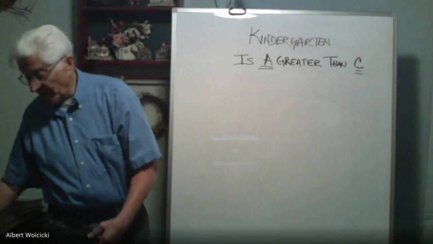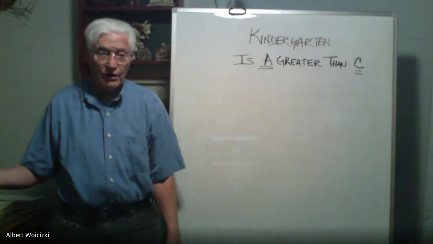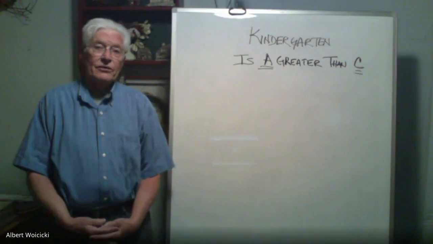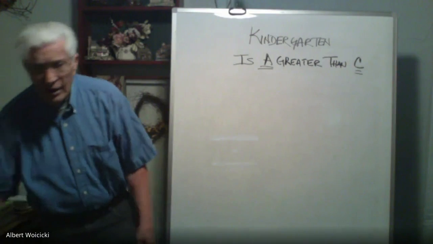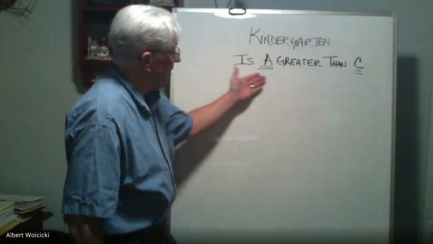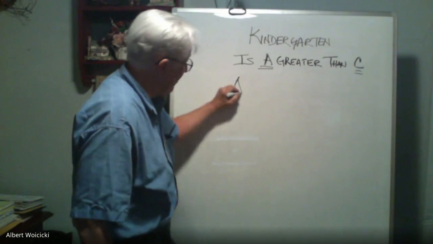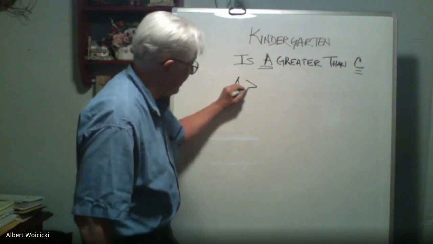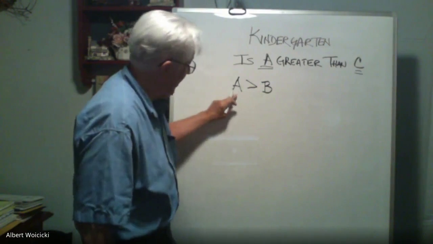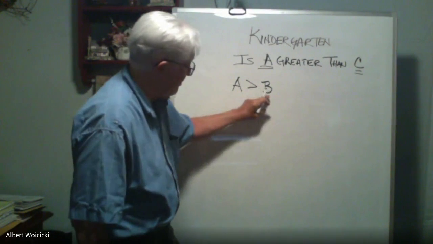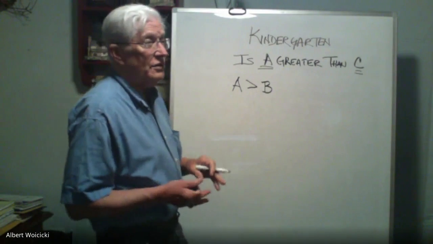Now, if half the class goes over here and half the class goes over here, don't be surprised. Because you see, as it says here, is A greater than C, because of the transference, A is greater than B. Again, we have a symbol here: A is greater than B. I'm giving you this symbol only if you want to use it.